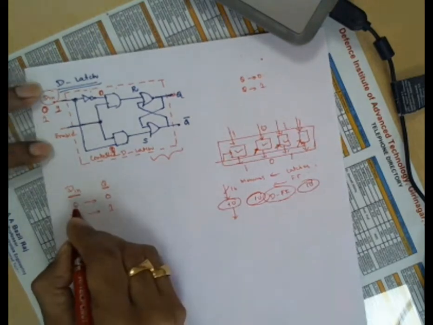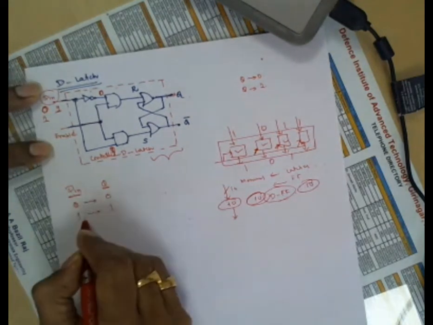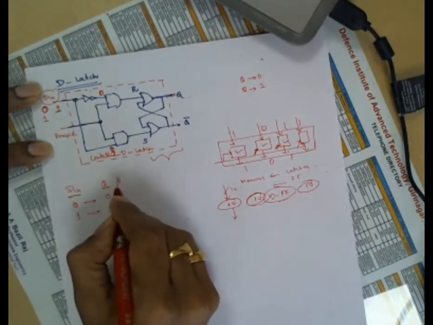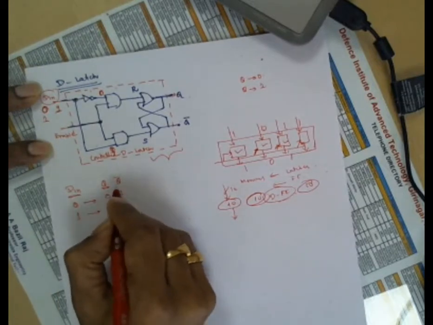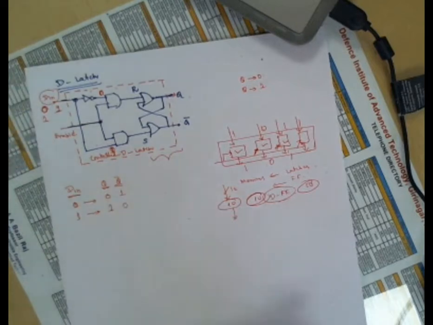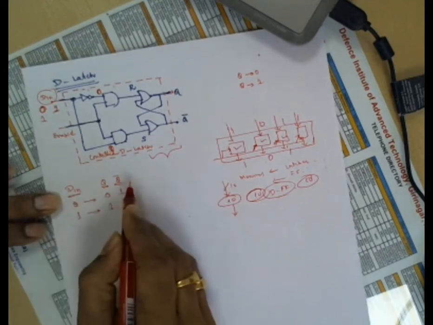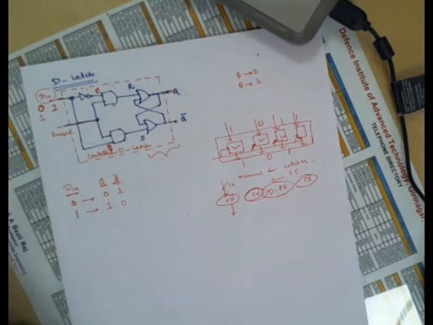Therefore, Q dash will be its complement. Here 1, here 0. In the controlled environment, the 0 will go there whenever we enable the circuit, and the 1 will go there whenever we enable the circuit. So this flip-flop has no other provision than just delaying and passing the input to the output.